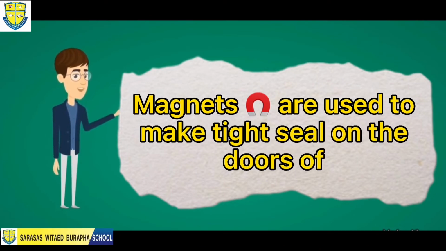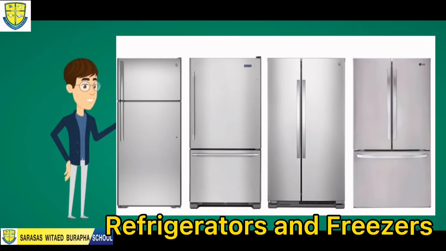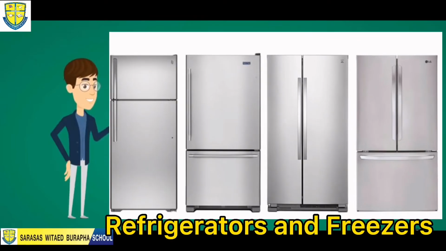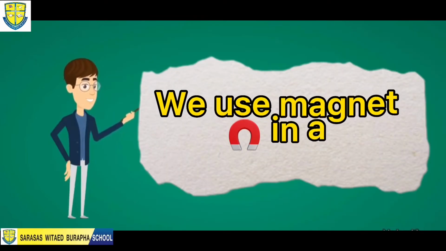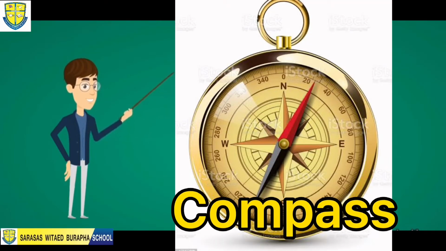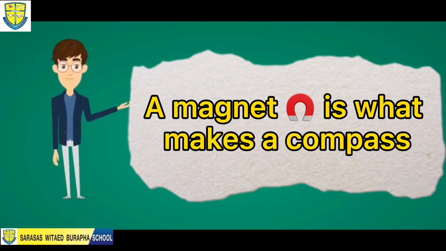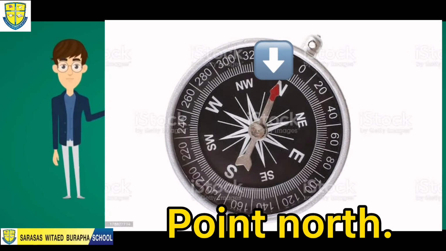Magnets are used to make a tight seal on the doors of refrigerators and freezers. We also use a magnet in a compass. A magnet is what makes a compass point north.